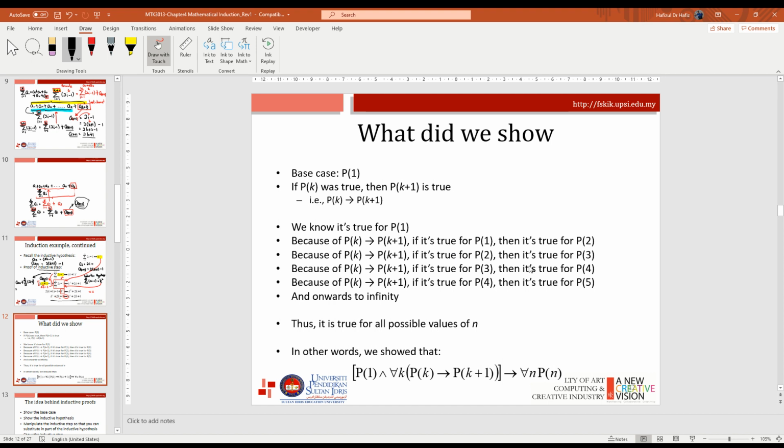Then we replace: P2 is true, P3 as well, and so on, to infinity. Thus it's true for all possible values of n. So we can conclude that P1 holds and for all k, Pk implies P(k+1), which implies that for all n, Pn is true.